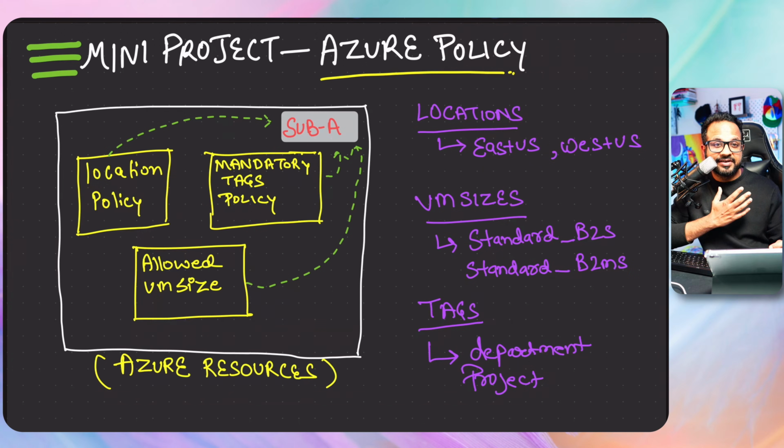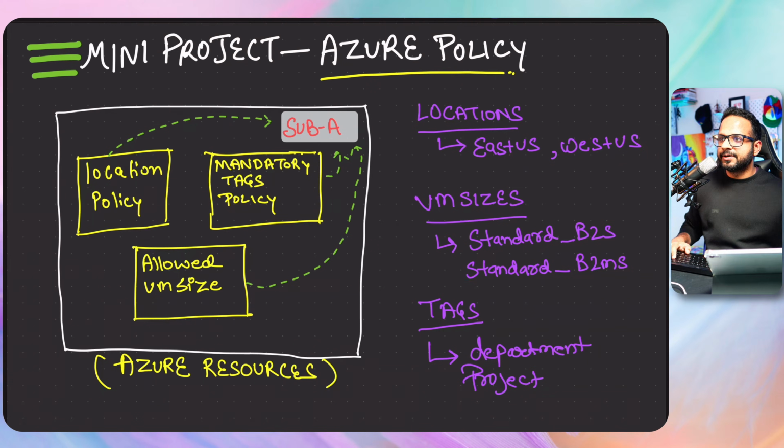It's something that we are enforcing on our subscription. We are saying this is the right way to do it and it has to be done this way only. That's why Azure policy is really important, and we are doing policy as code, which is what most organizations prefer to do. So this is what we'll be doing.